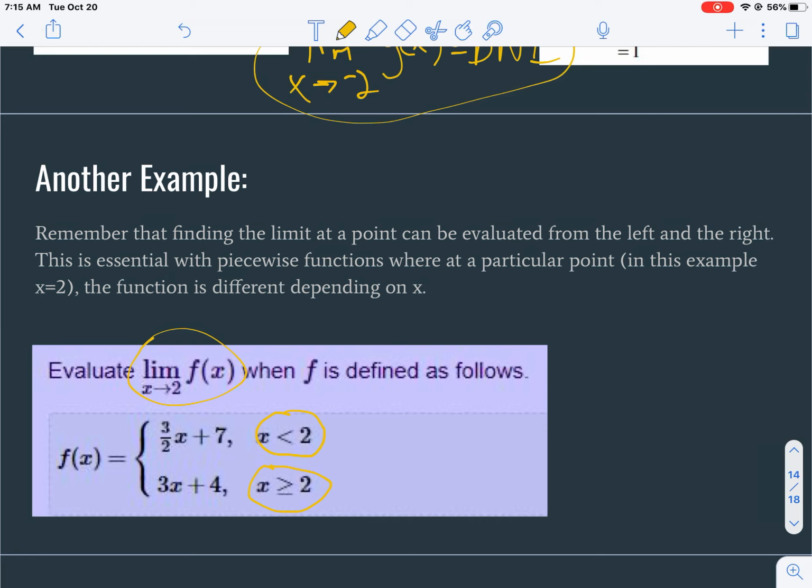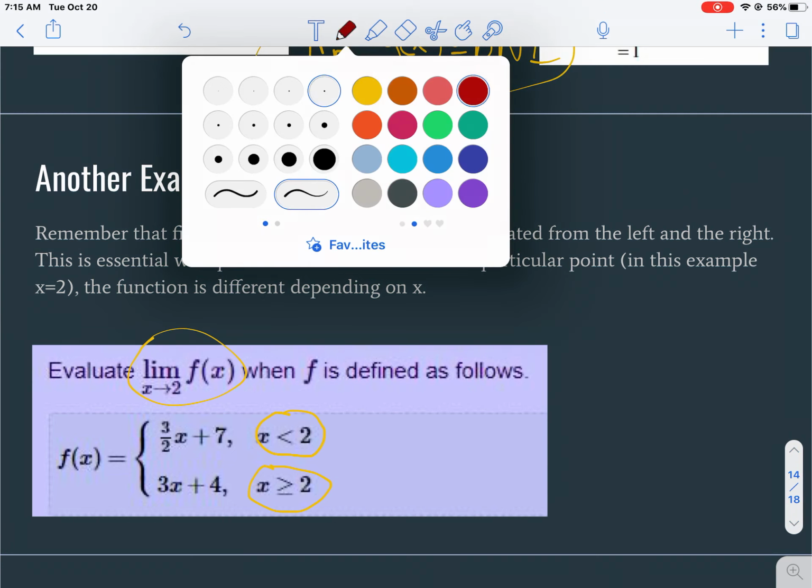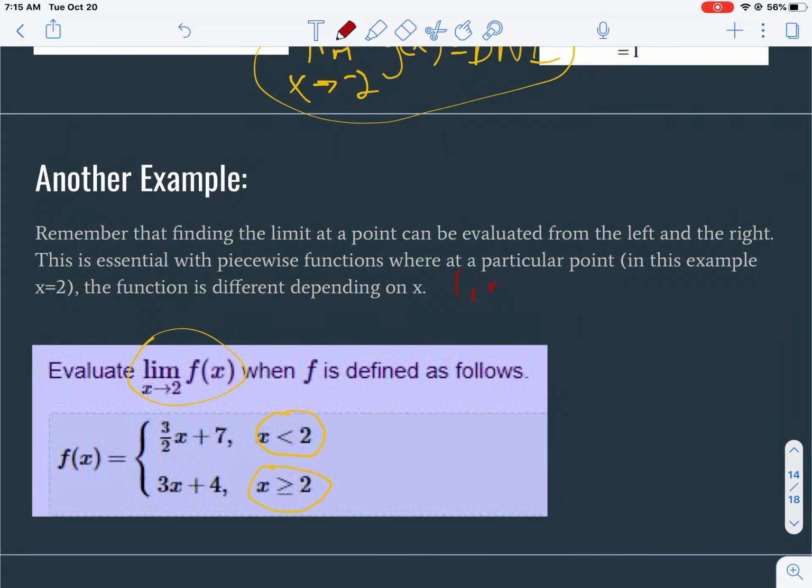So, the limit, and I didn't give myself enough space here. The limit as x approaches 2 from the left of 3/2 x plus 7 equals 3 halves times 2 plus 7, which equals 10.